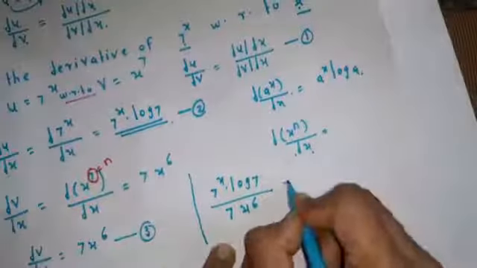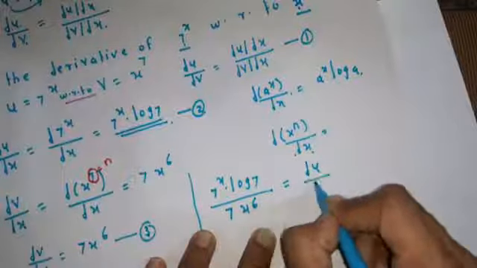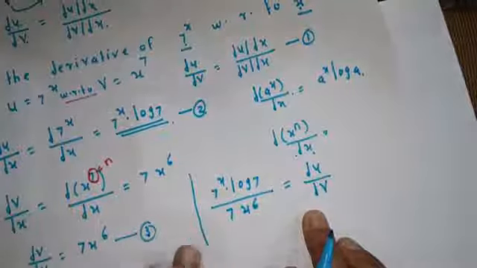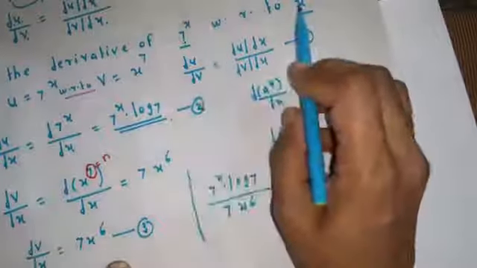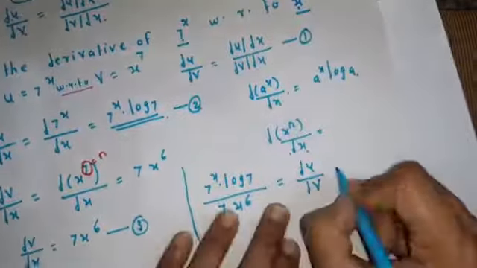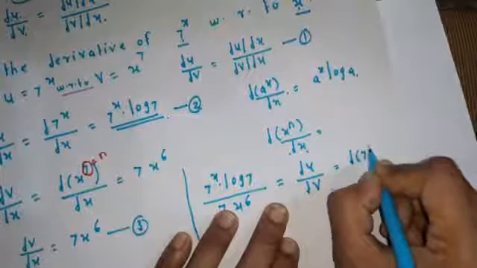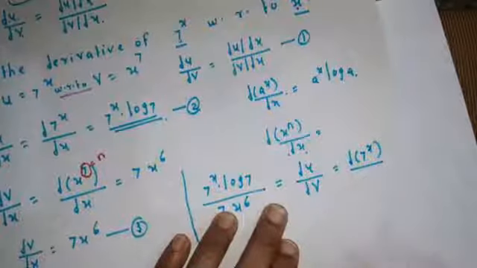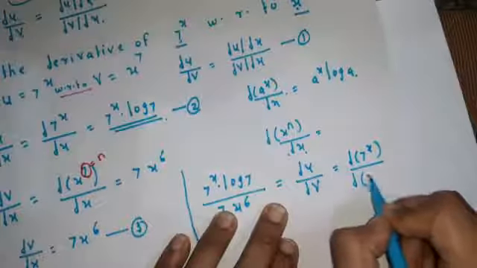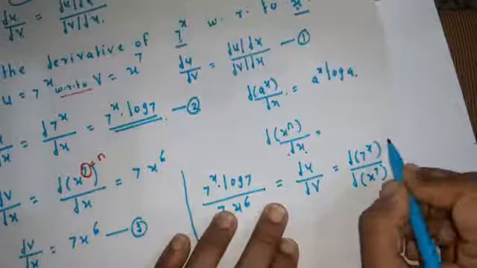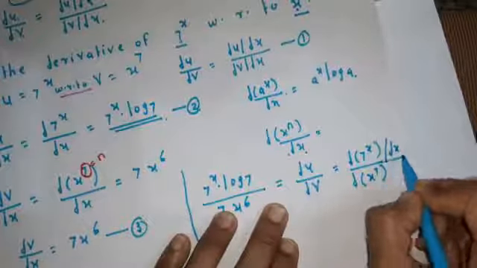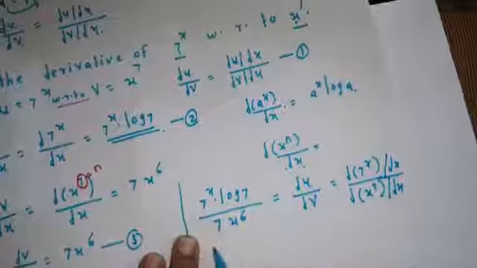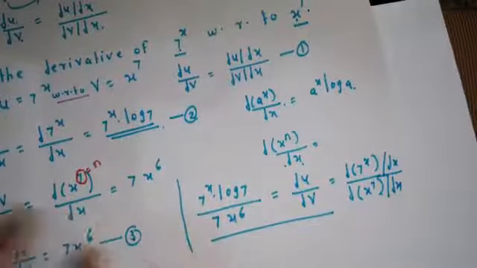And this is du by dv. Hence, differentiation of u with respect to v, or differentiation of this function with respect to this function, is differentiation of 7 raised to x upon differentiation of x raised to 7. But this is function of x, that's why with respect to x, in this way.